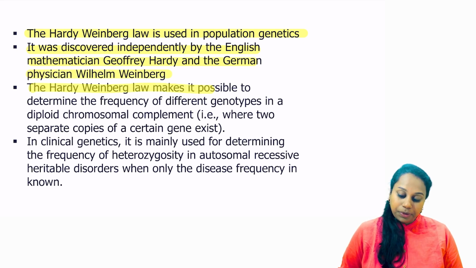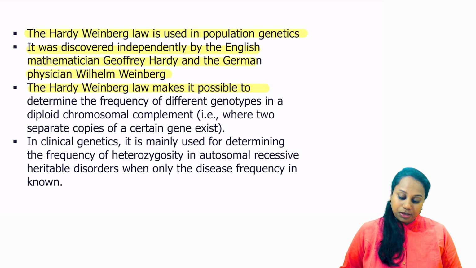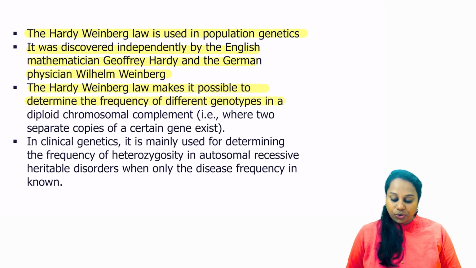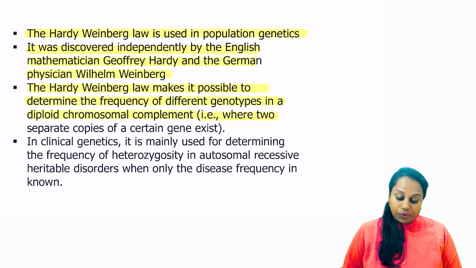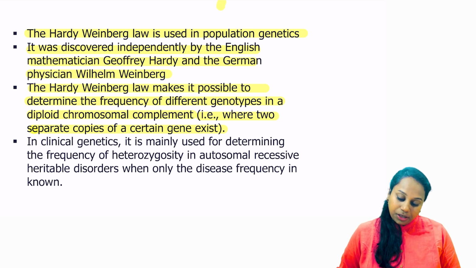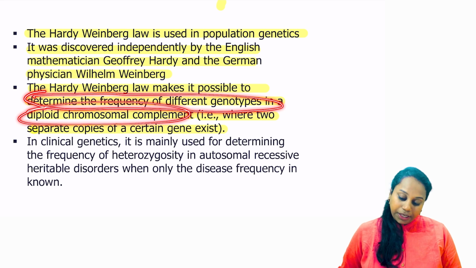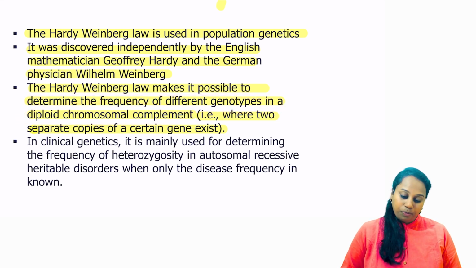The Hardy-Weinberg law makes it possible to determine the frequency of different genotypes in a diploid chromosomal complement. That is, where there are two separate copies of a certain gene.